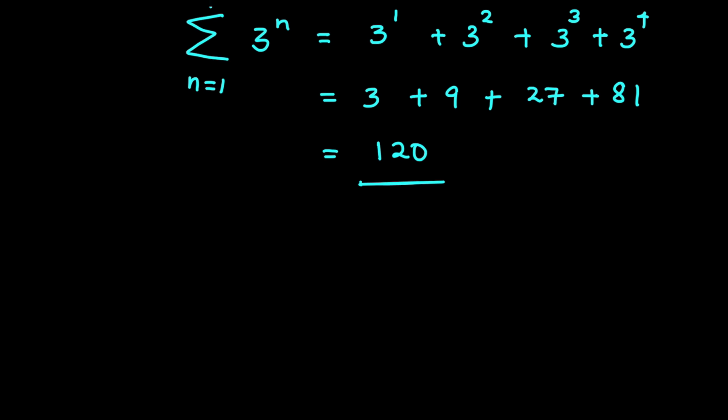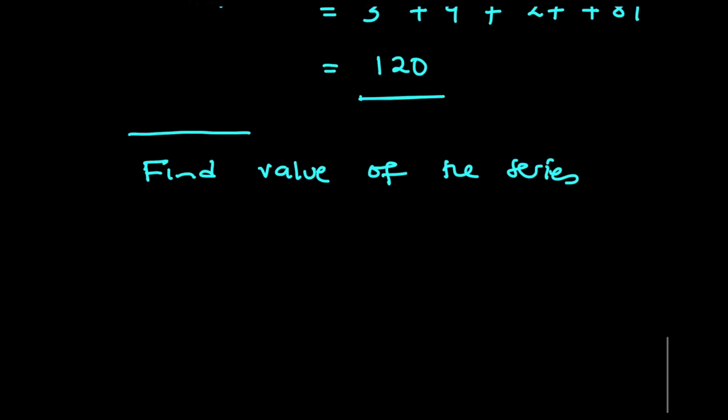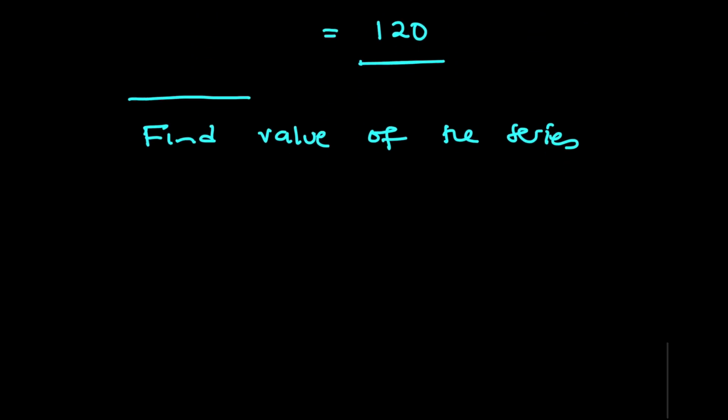So now let's do another question. Here we are told to find the value of the series. So basically, it's the sigma of 2a_n from n equals 3 until 5.